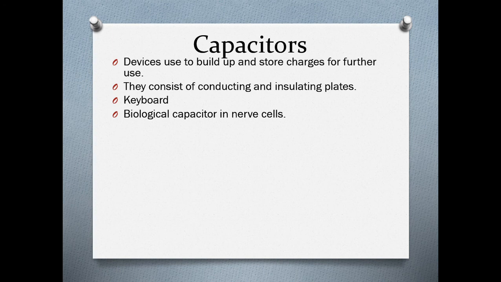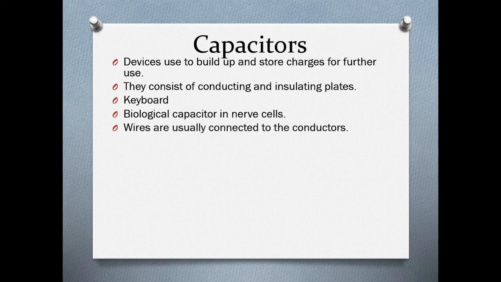Basically, inside your nerves, whenever you want to do a movement, your nerves are going to start generating signals that are going to give your brain information that will help you to move a certain limb. Okay. So in your nerves, you can also find capacitors because they follow the same principle. They transmit energy or information in order to produce an action.